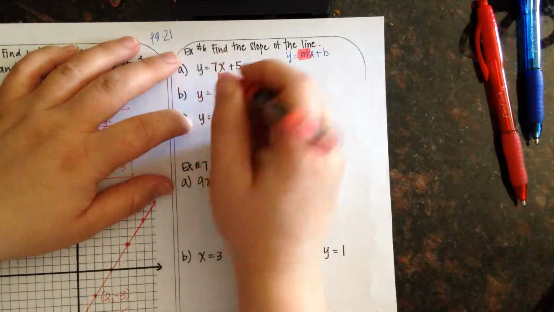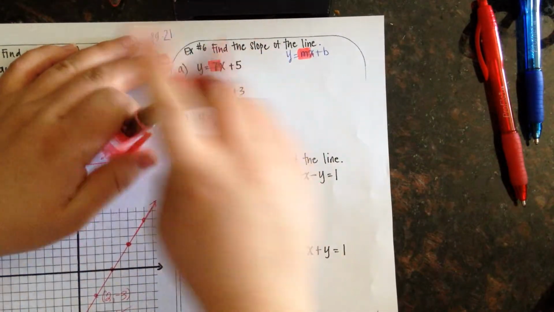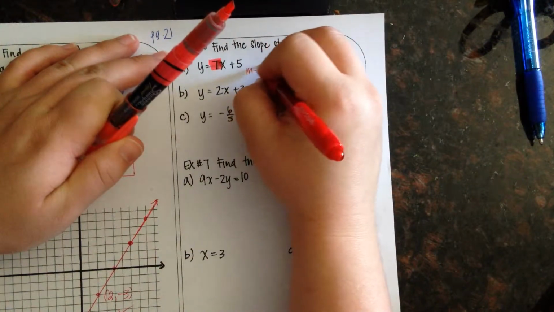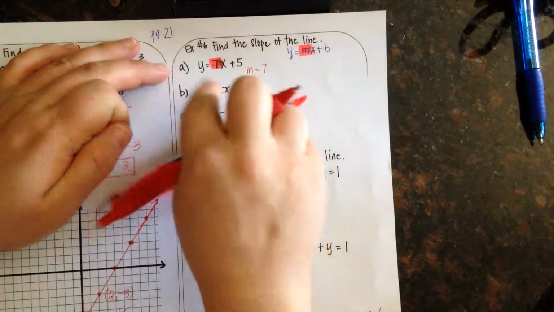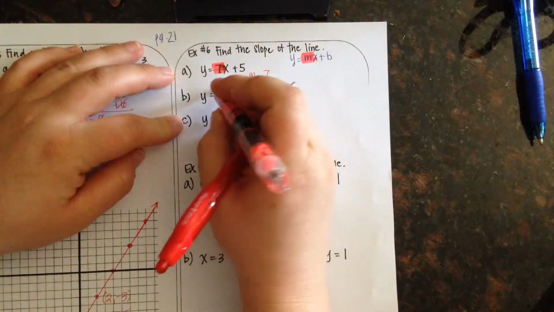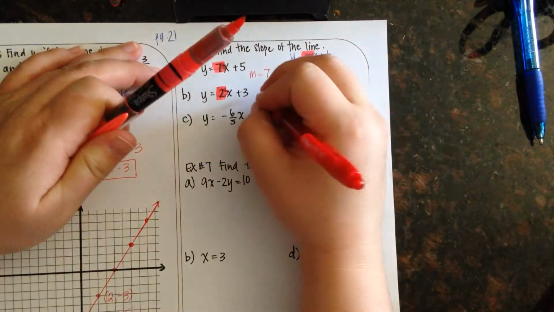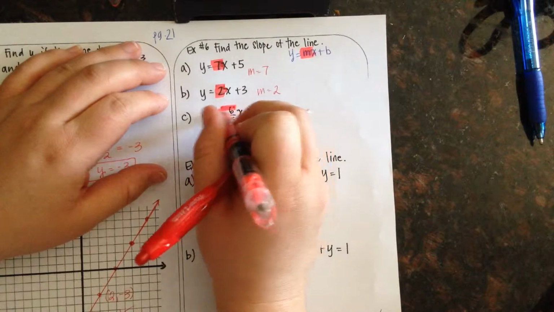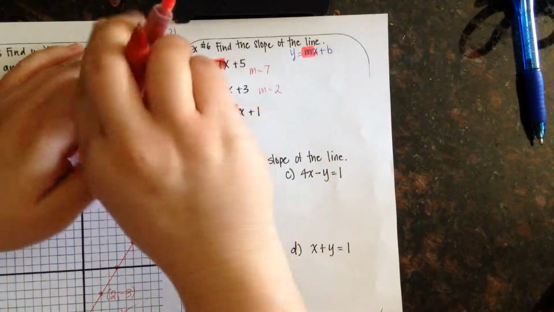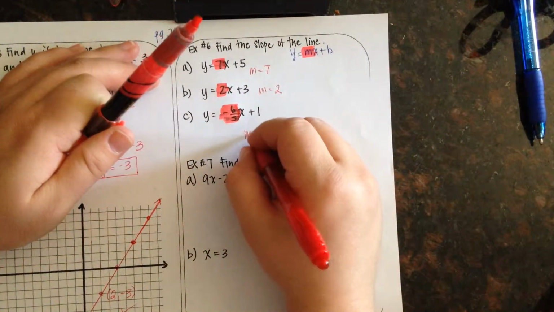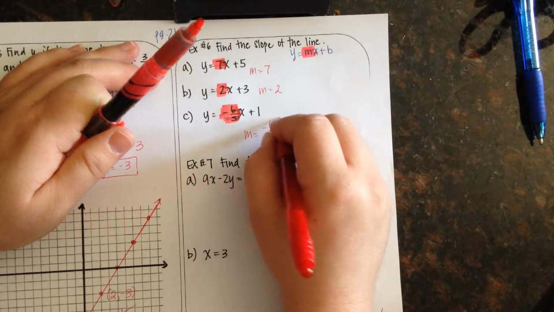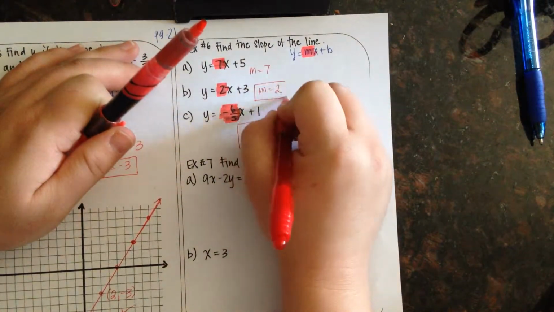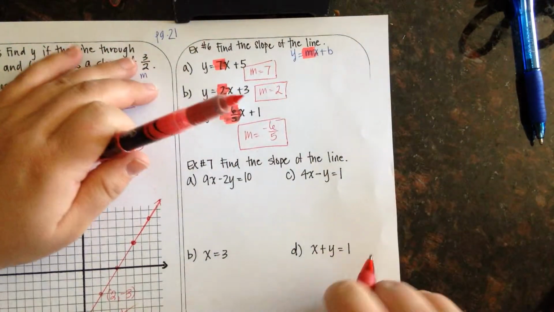And so on a, my slope here is 7. On b, my slope here is 2. And then on c, my slope is going to be the negative 6 over 5. Those are super easy if the formula is in slope-intercept form.